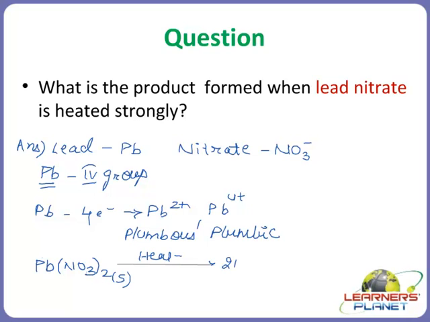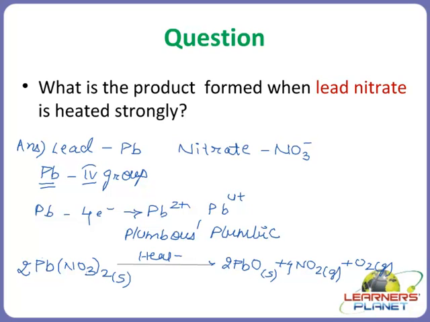It is lead oxide, solid, plus nitrogen dioxide, NO2 gas, plus oxygen gas. So it is 2 Pb(NO3)2 giving 2 PbO plus 4 NO2 plus O2.